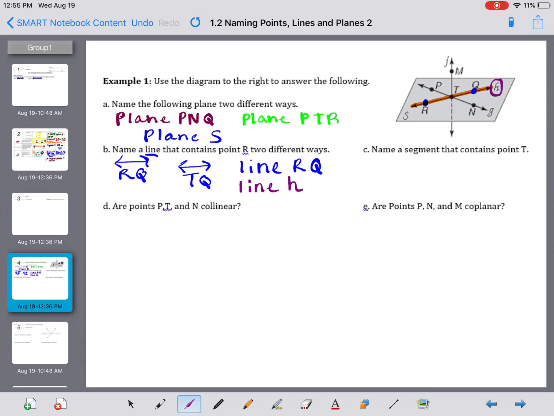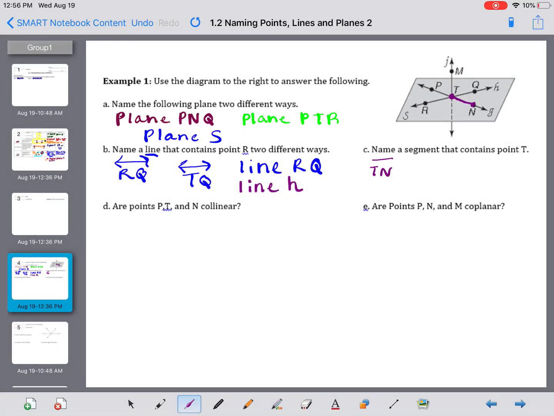For C, this is a segment that contains point T. Well, here's point T. And remember, a segment starts and stops. So there's no arrows. So when we make our symbol, I'm just going to make a line with no arrows. I'm going to start at T, and then I'm just going to go to N. So one segment is TN.